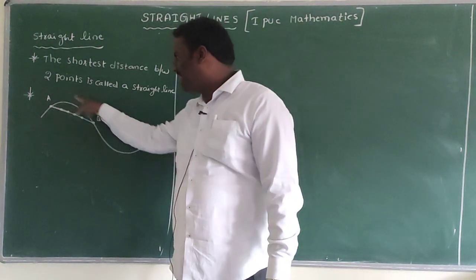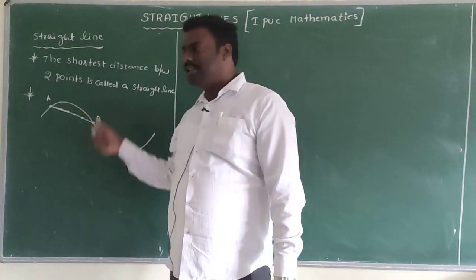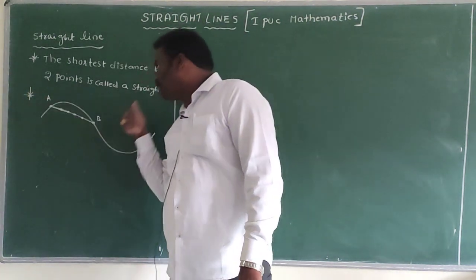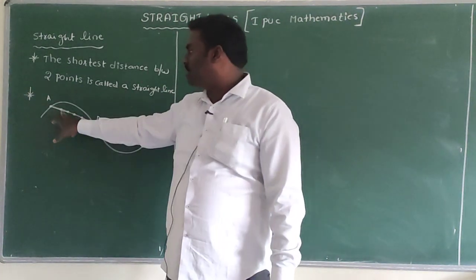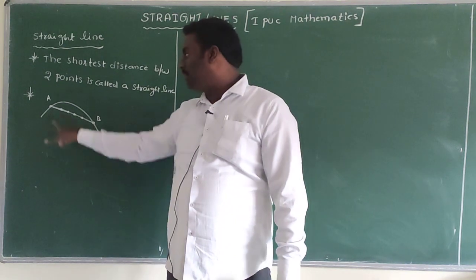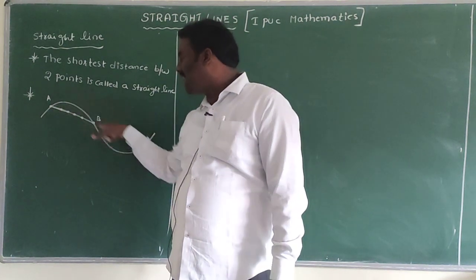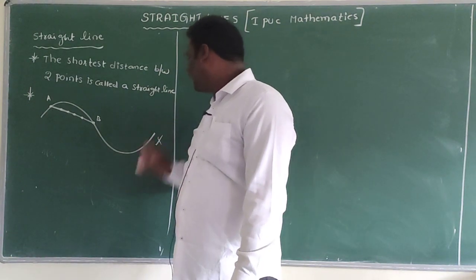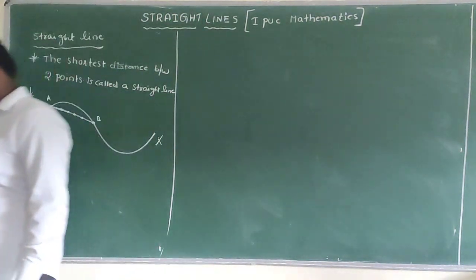See, here I took a diagram. On this I took two points A and B and joined them. I took some points on this AB, but these points do not lie on the curve. Therefore, this can't be taken as a straight line.